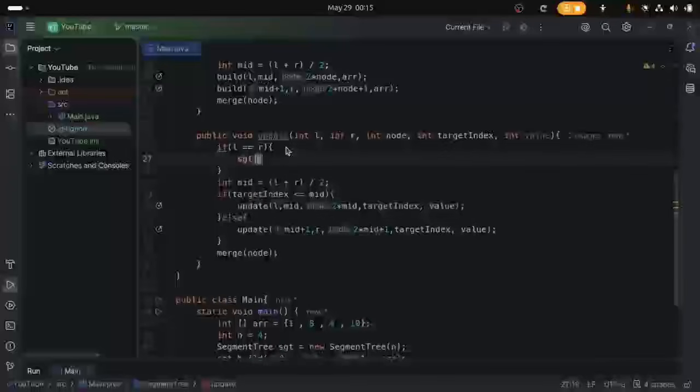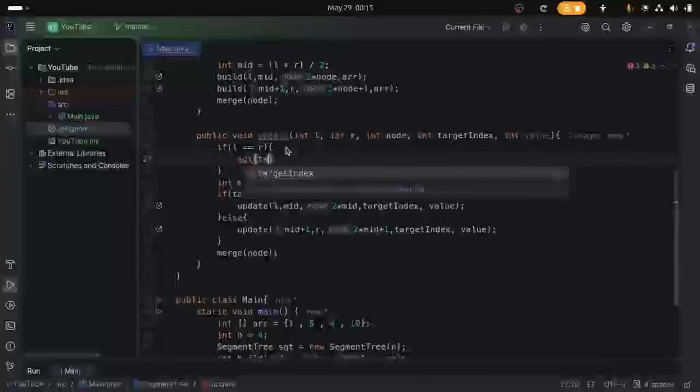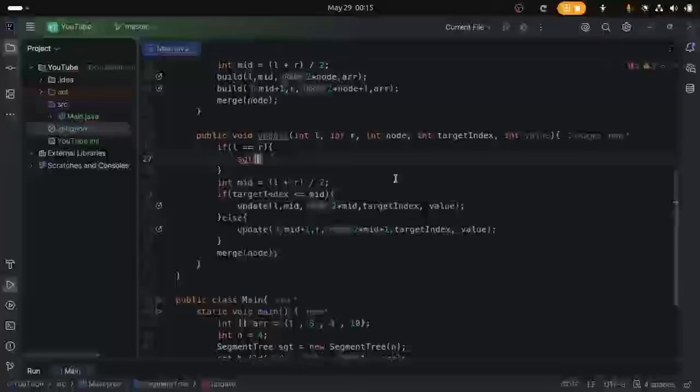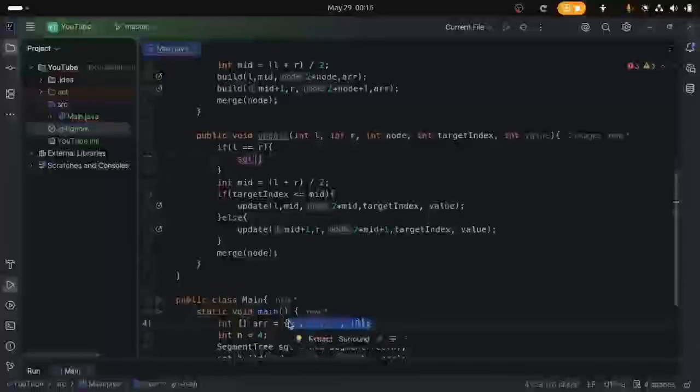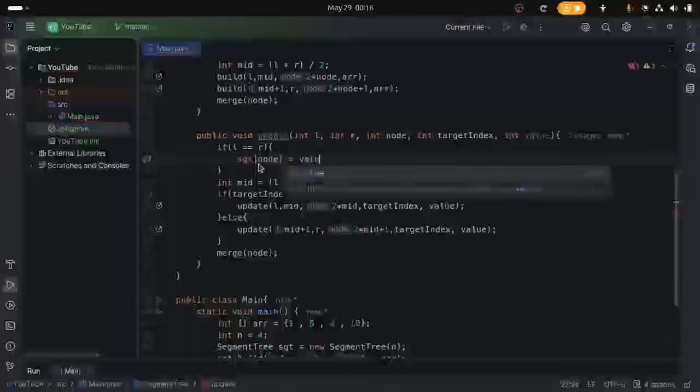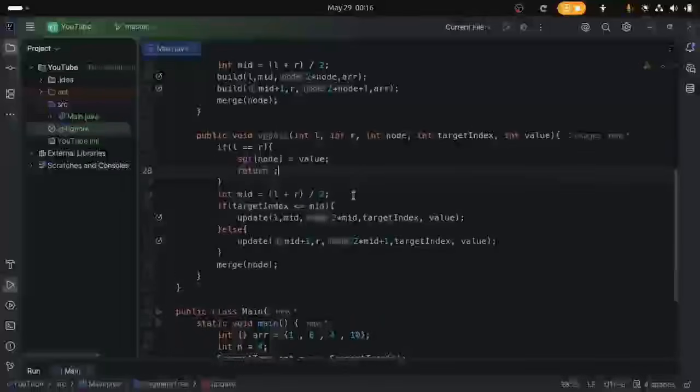So SGT of, don't write here target index, the target index is with respect to the array. In SGT, for that particular node, we will have a particular index in our SGT array, which in this case is equal to node, equals to that value. Okay, and just return from there.